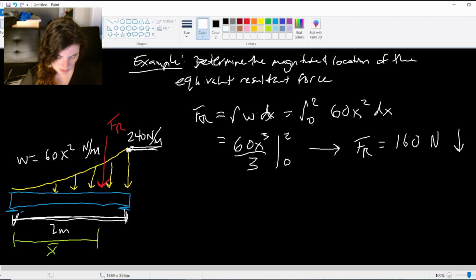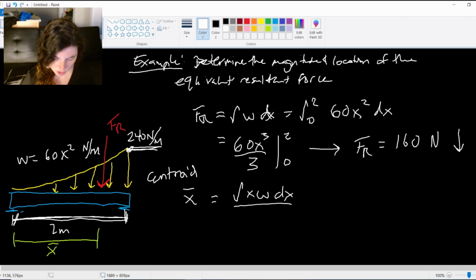So we find our centroid, which equals the integral of x times w dx over the resultant force that we found. We can either write the integral of w dx, or since we already found it, we can write 160.